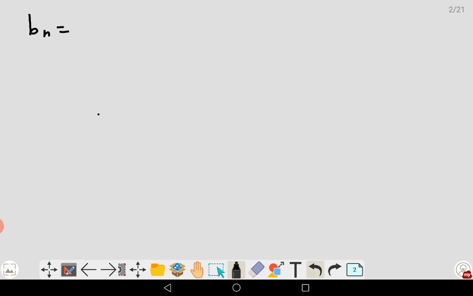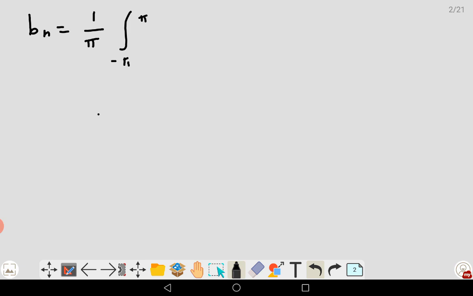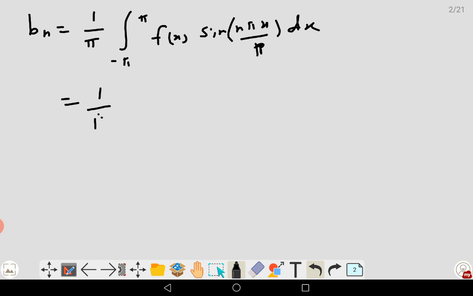The formula for bn is 1 over pi, integral from minus pi to positive pi, take f of x, integrate with sine n pi x over p. The p is pi, isn't it? dx. So 1 by pi, f of x in the first interval from negative pi to 0 is minus 1.